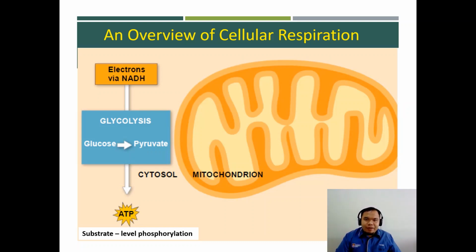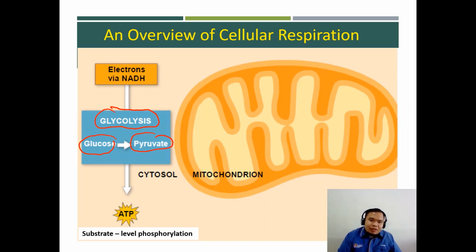Now, with the aid of a diagram, we will look into the overview of cellular respiration in detail. This diagram helps you to fully understand what happens during cellular respiration. It first starts in glycolysis, in which glucose is broken down into pyruvate.